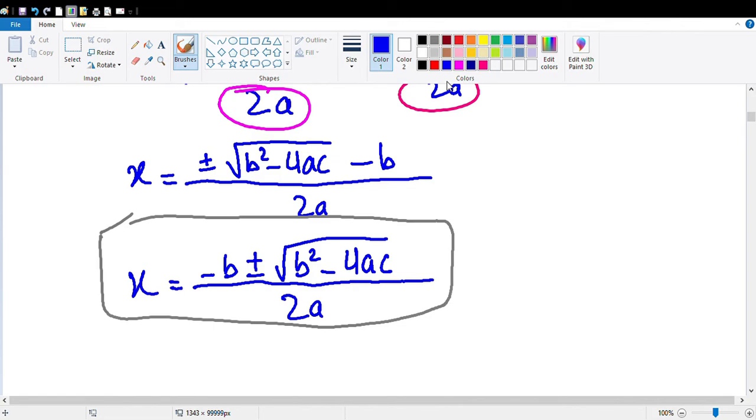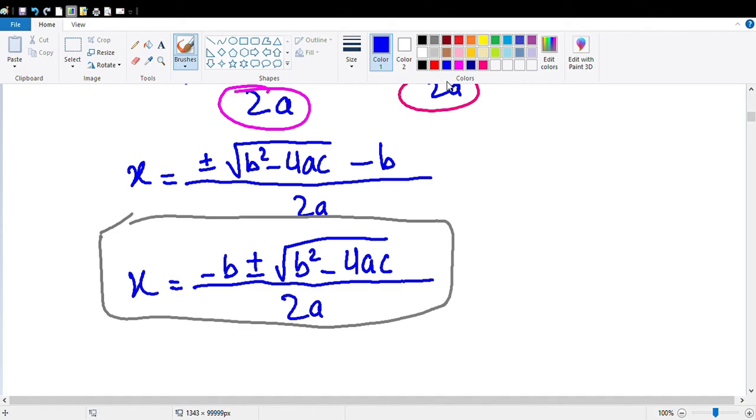But still, it's always a good thing to practice all the methods. This video's purpose was to build your concept about the three methods that we talked about, and quadratic equations in general. It's good to practice all three of these methods so that you get good at solving quadratic equations using all of them.